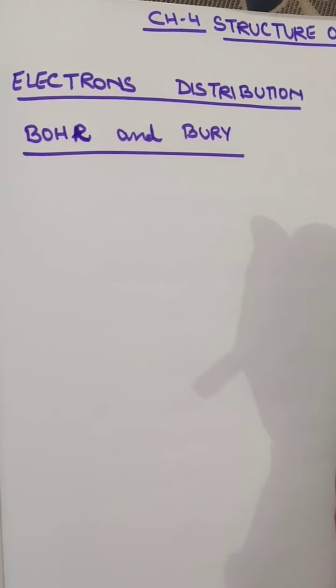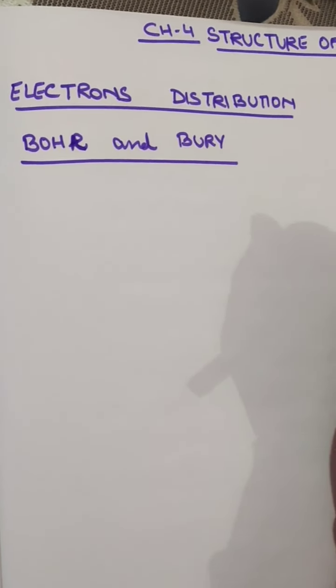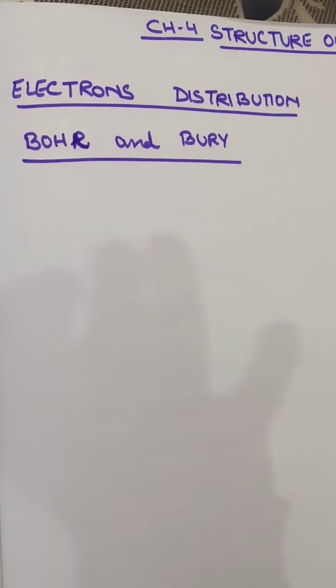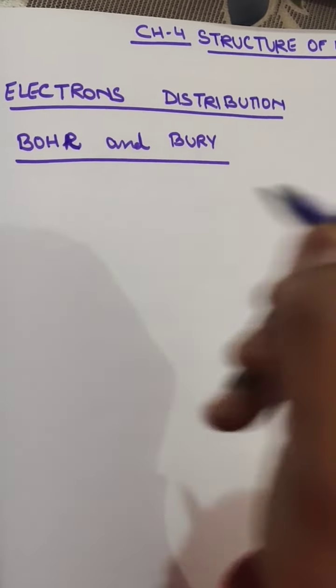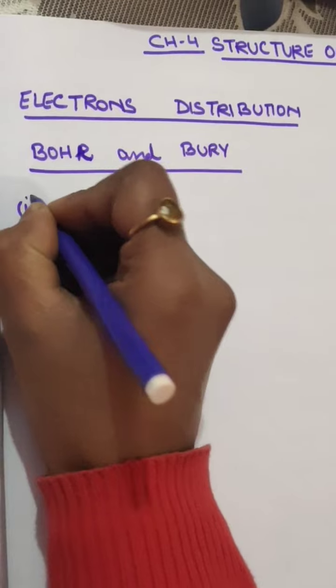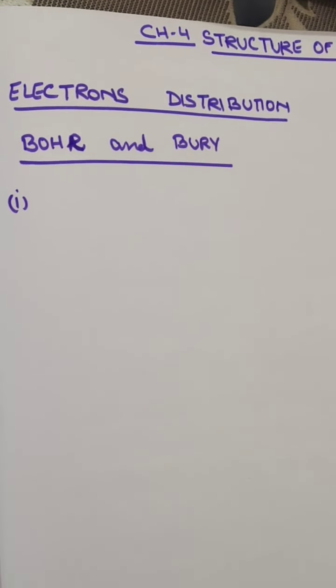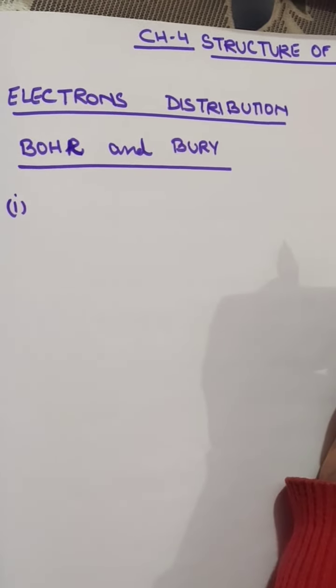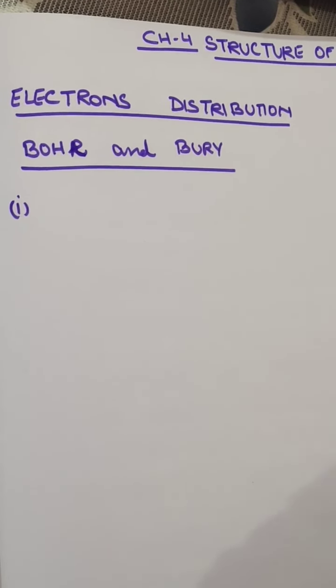Different energy shells hold different numbers of electrons. So the first rule is that the maximum number of electrons present in a shell is given by a formula.